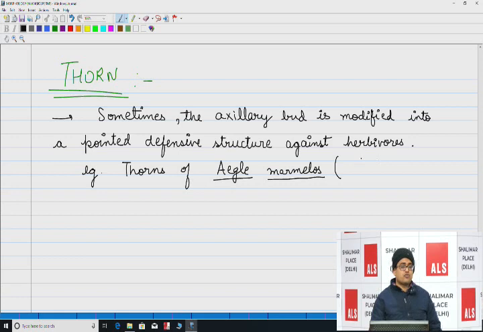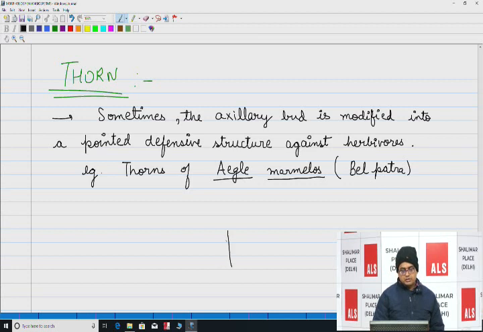It's a trifoliate compound leaf. In Hindi we call it bel patra. Bel patra. So what happens in the case of bel patra or Aegle marmelos? Two very pointed sharp structures are there like this.